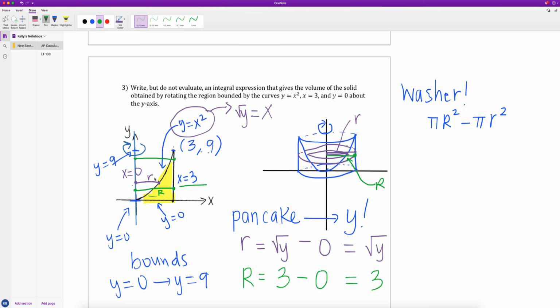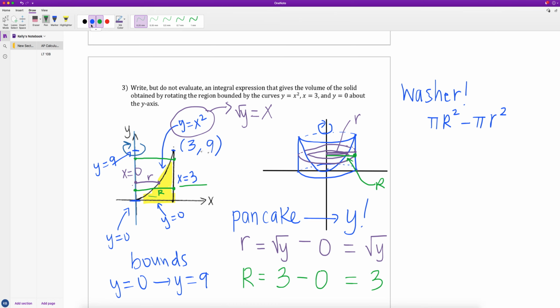No matter which cross section I'm looking at, the big radius always has this fixed distance of 3. Versus the little radius actually expands and contracts. Down here you'd have a little tiny radius, then it gets a little bit bigger, all the way up to the top where I get the largest version of my inner radius.